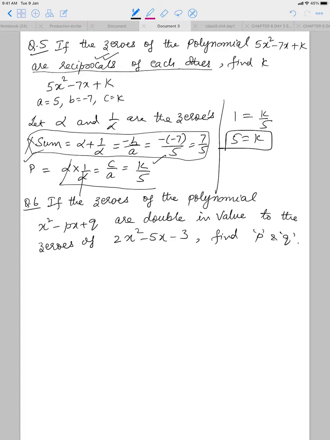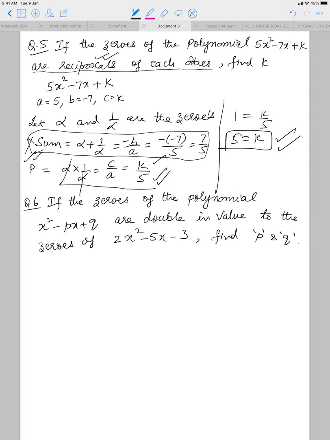The only thing which is required is the product in this case, because the zeros are reciprocals, and reciprocal means when you multiply them the product will be 1. So this is the most important step you have to remember. Look at the polynomial and find out the product by the method c upon a and put it equal to 1, and you will get the value of k.